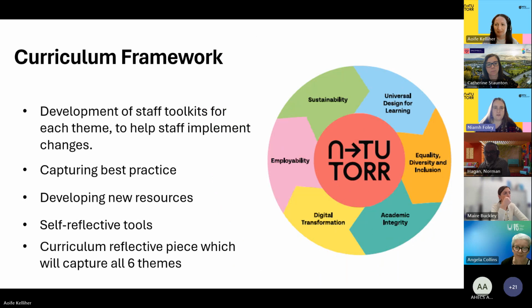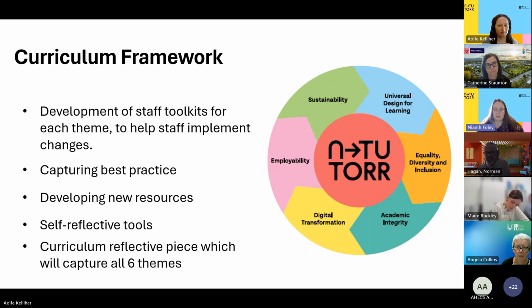Well, thanks, Aoife. Good afternoon, everyone, and thanks for the invite to share the insights that I've been looking into with the team on the curriculum framework. One of the main roles that we're looking at is the development of staff toolkits for each theme, in a way that staff can implement the changes.